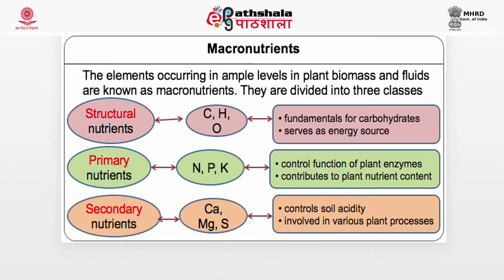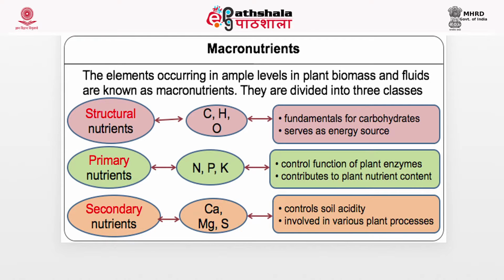Now coming to the macronutrients, as already told to you, these elements occur in ample levels in plant biomass and fluids. That is why they are known as macronutrients. They are further divided into three classes. First is the structural nutrients, which include carbon, hydrogen and oxygen. They are fundamental for carbohydrates and they serve as energy sources.